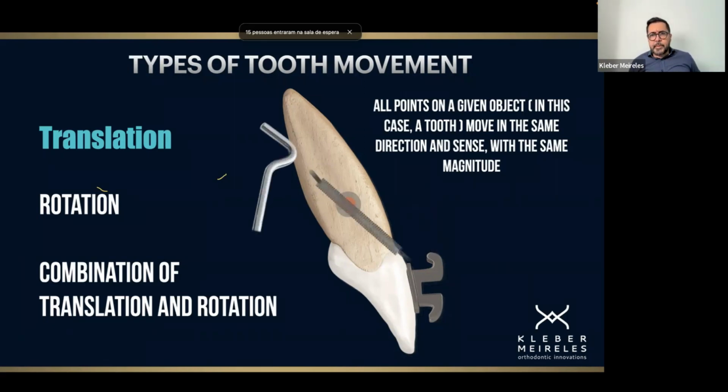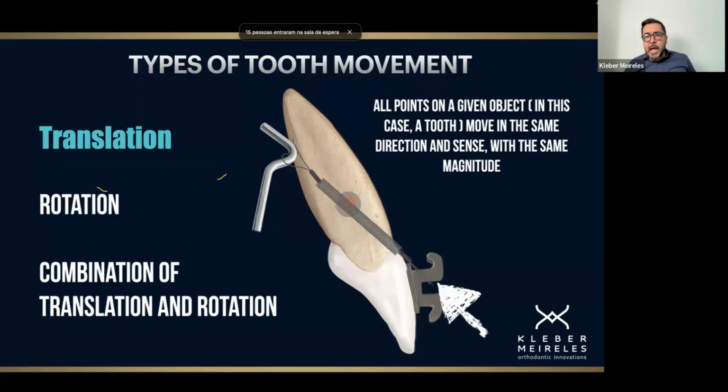Well, the line of action of the force may be applied to have translation, not just in this sense, but maybe oblique. Sometimes we apply this force, and sometimes we apply 2 lines of actions of the force to achieve the resultant force passing through the center of resistance. We're going to see this in a few slides ahead, in a few cases ahead.